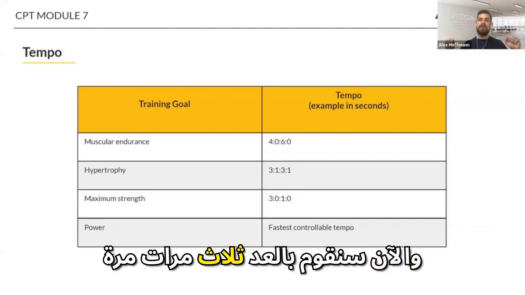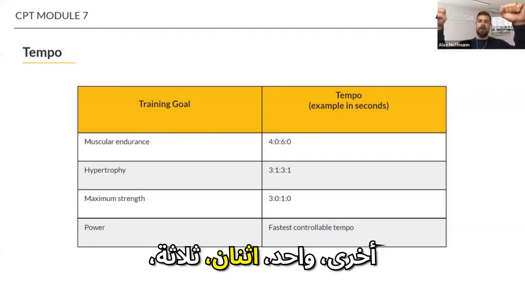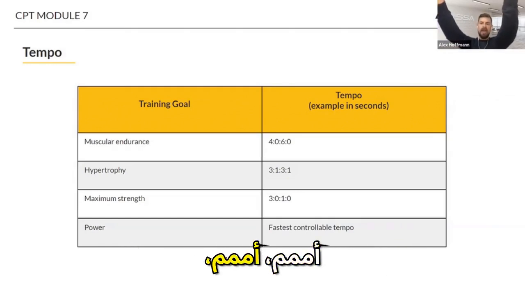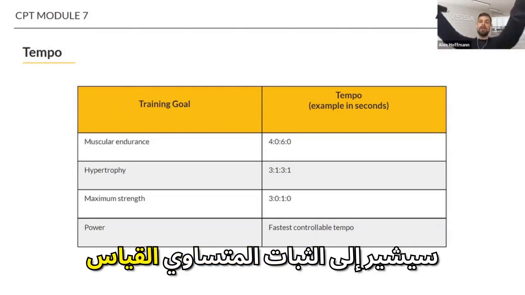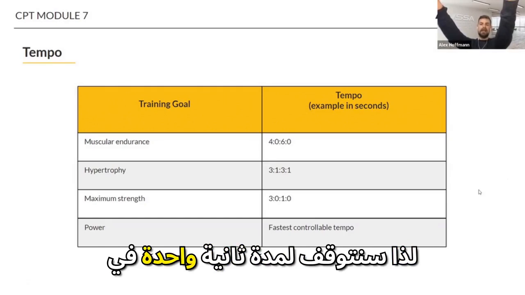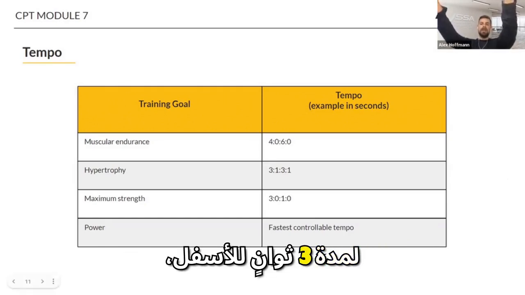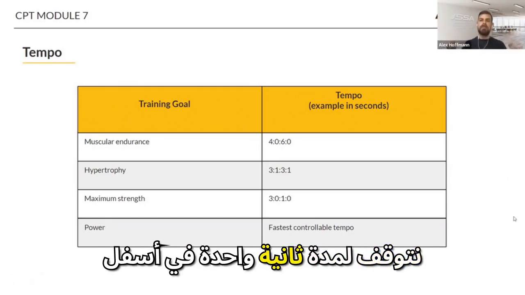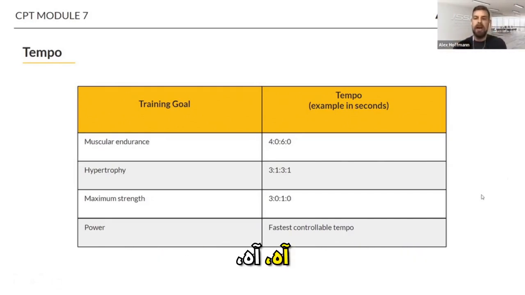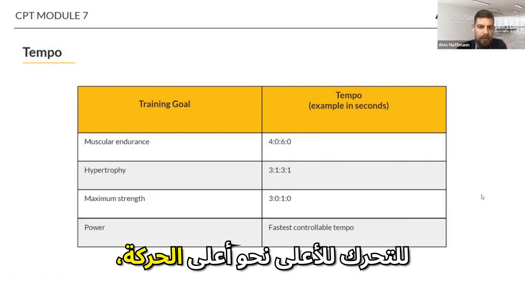So now we're going to be doing a 3 count back up, 1, 2, 3. And then the final 1 count at the end refers to the final isometric hold at the very top of the movement. So we'll pause for 1 second at the top, and then we'll repeat 3 seconds back down, pause for 1 second at the bottom, and then 3 seconds back up towards the top of the movement.